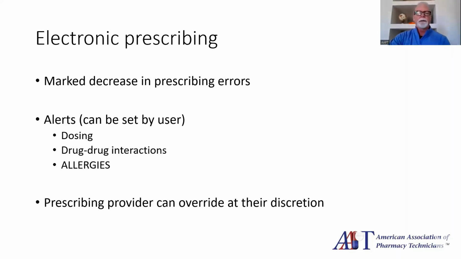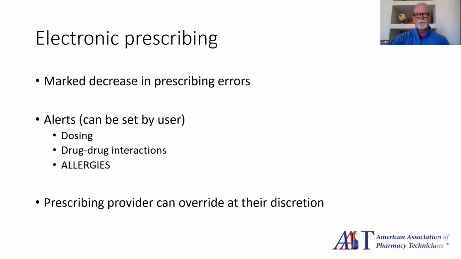So with the advent of electronic prescribing, we have been able to make a marked decrease in prescribing errors, and this is mainly due to alerts. In my electronic medical record, when I prescribe medications, there are many alerts that can fire.